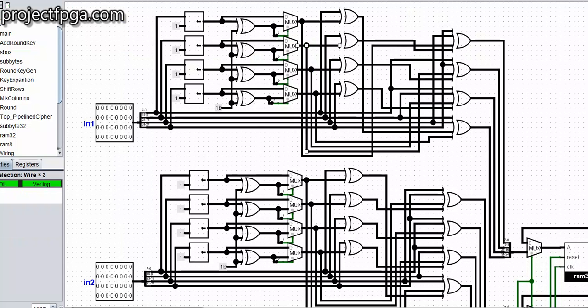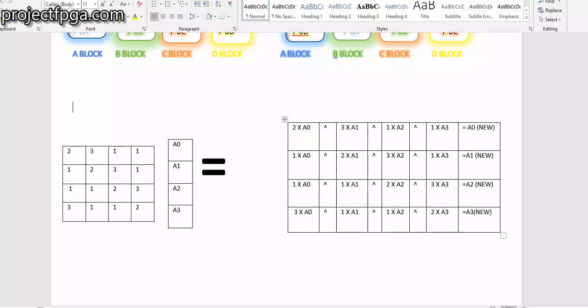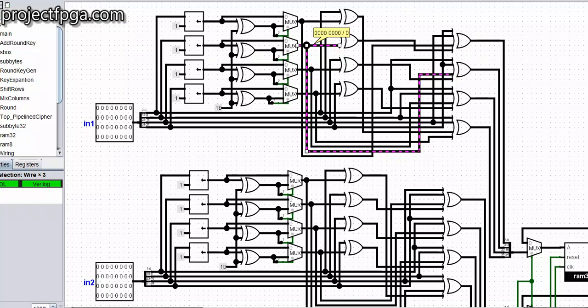Okay, let me highlight it for you. You see, it went to the second multiplexer. Then the next one says 3 multiply A2. So let's check 3 multiply A2. So it's A0, A1, A2. You see, it went to the second multiplexer.